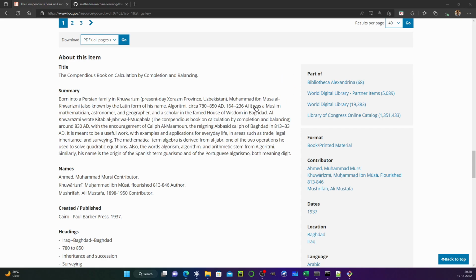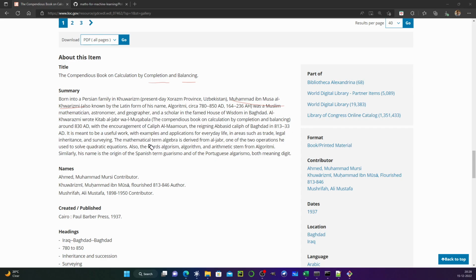There was a Persian mathematician called Muhammad bin al Khwarizmi, and he wrote a book, the compendious book on calculation by completion and balancing. Basically, he wrote a book which is Kitab al-Jabr wa al-Muqabala.